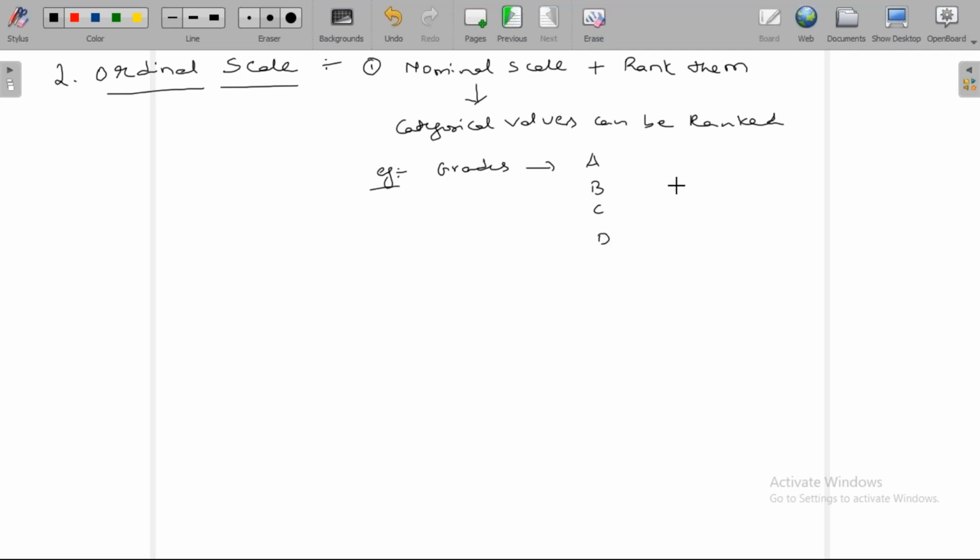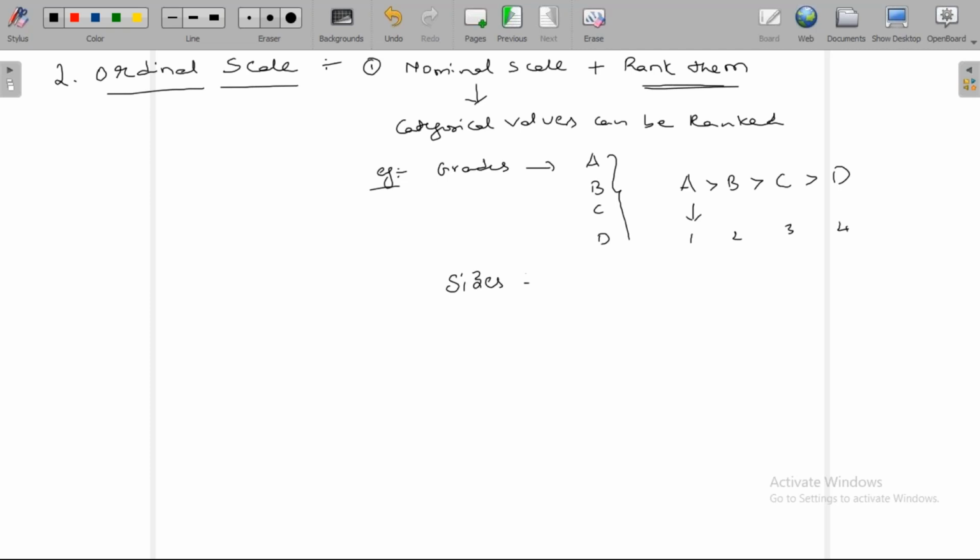For example, can we say rank B is 2 times rank of A? Can this be possible? No. Excel is 3 times of L. Is that possible? No. So that is why I'm saying mathematical calculations are not possible.